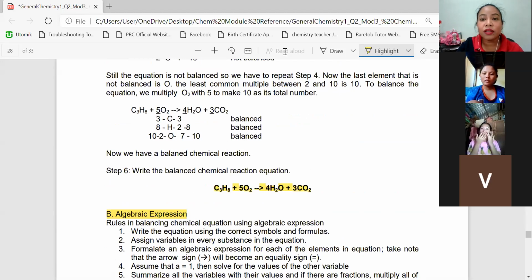So, that's all for this morning. Any question? None. So you balance the equation using algebraic expression. After that, compare it here sa atong gihimo nga trial and error if they are the same. So that's all. Goodbye, everyone. Have a nice day. That activity will be from 2 to 3 this afternoon.